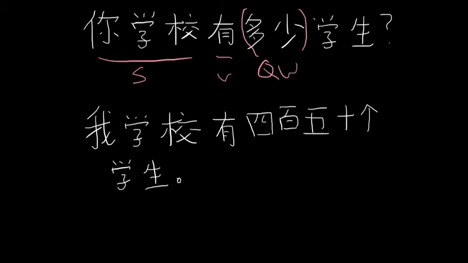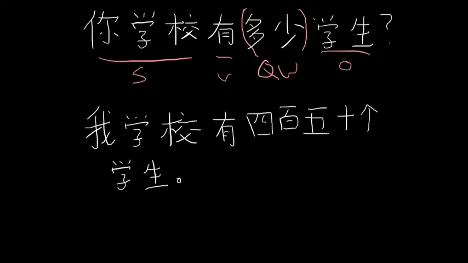And then the object of the STPVO is 学生, which is student. So 你学校有多少学生? And you can put any subject in there: 你们学校, 他们学校, 他学校. Any of those would work just fine. It has how many students.